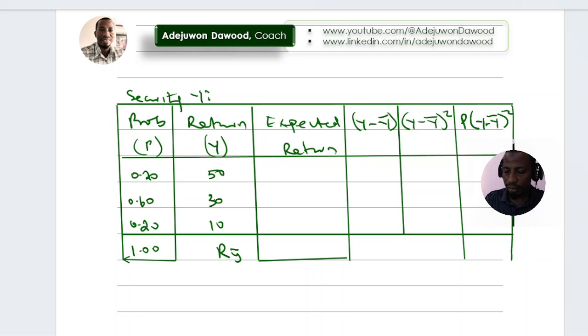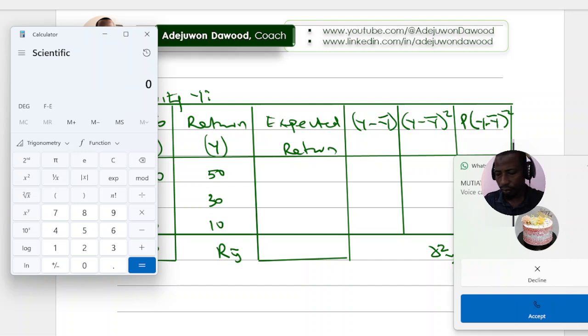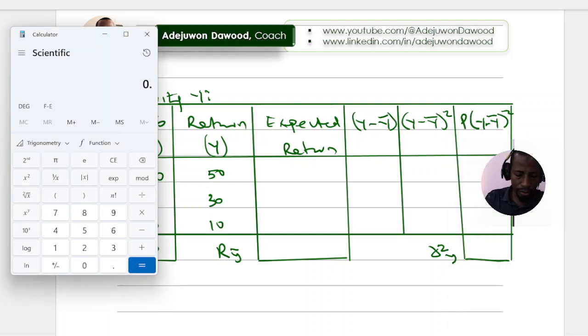Variance of security Y. So this is 0.2 multiplied by 50 equal to 10.